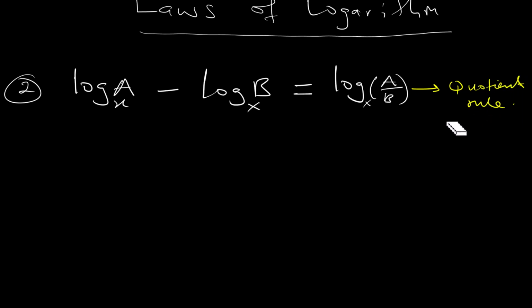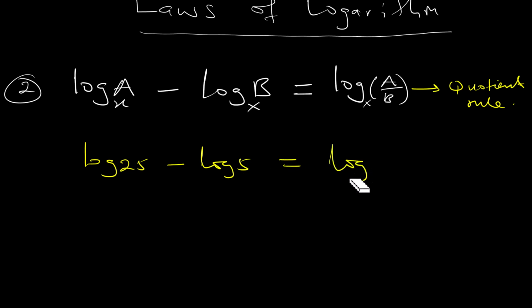For example, log 25 minus log 5. This is simply log 25 over 5. 25 divided by 5 is 5, so the final answer becomes log 5. And of course, if you don't see the base, it's 10.